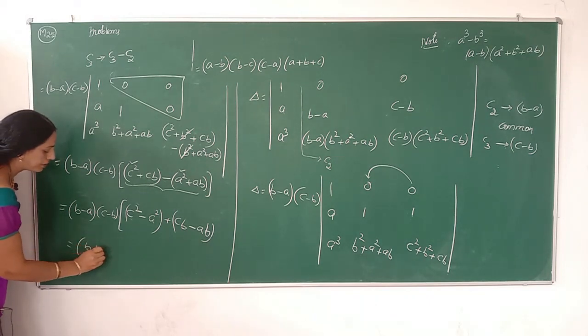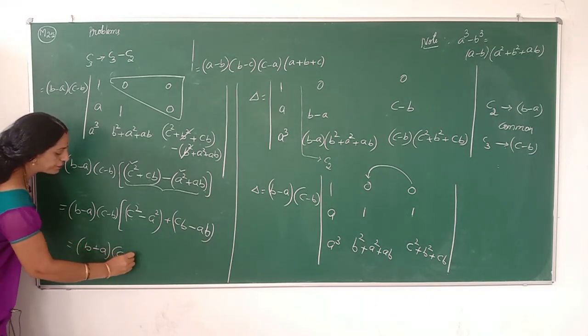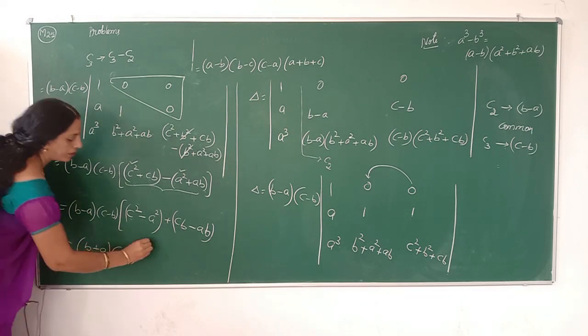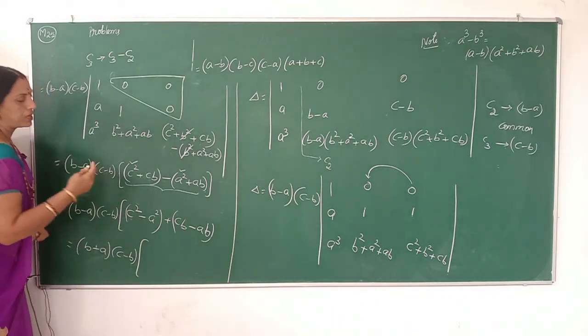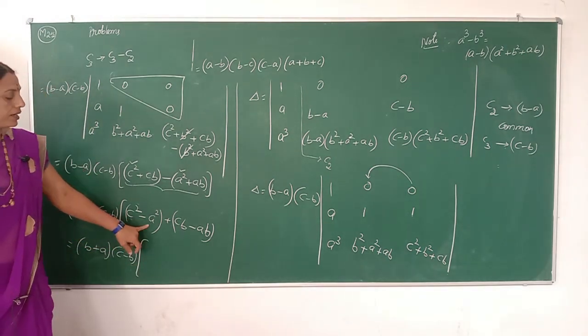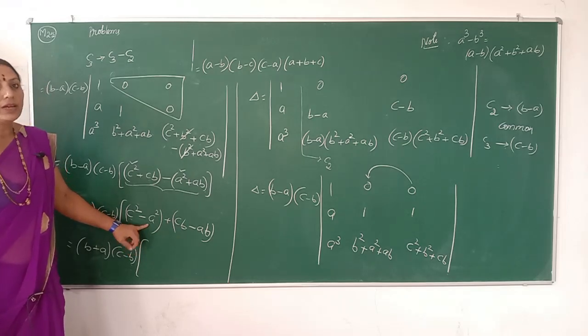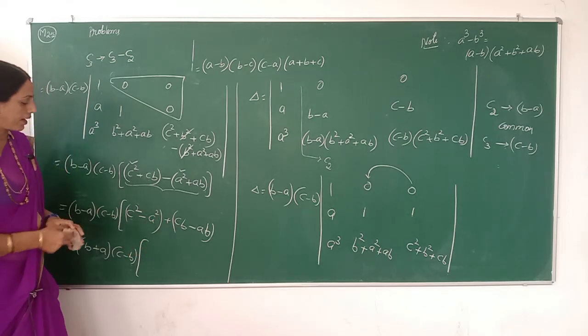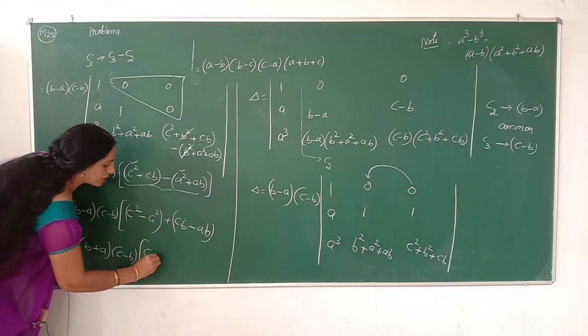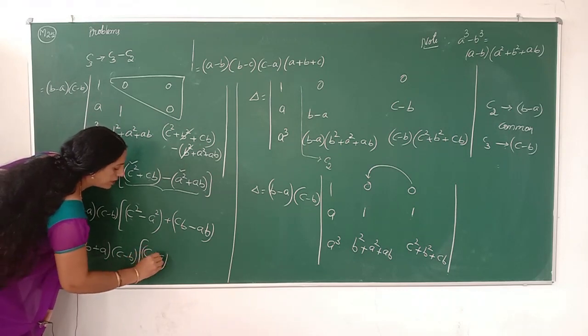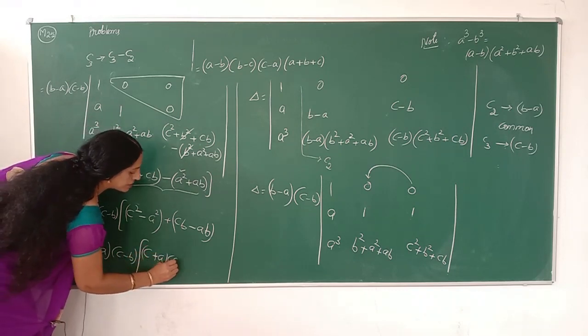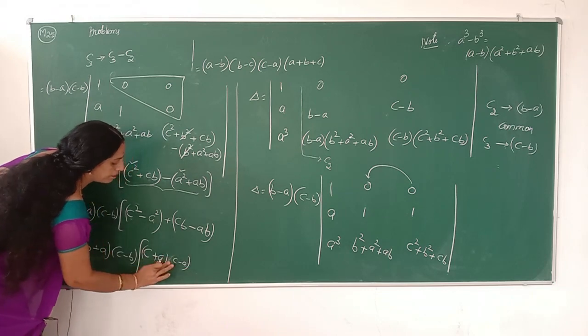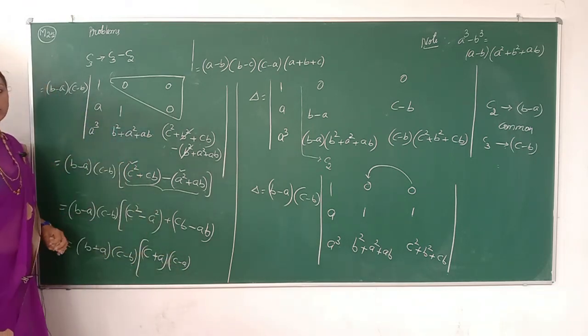So after that, (b minus a)(c minus b) times. In these two terms, c square minus a square is in the form of a square minus b square type, and its expansion is (c plus a)(c minus a).